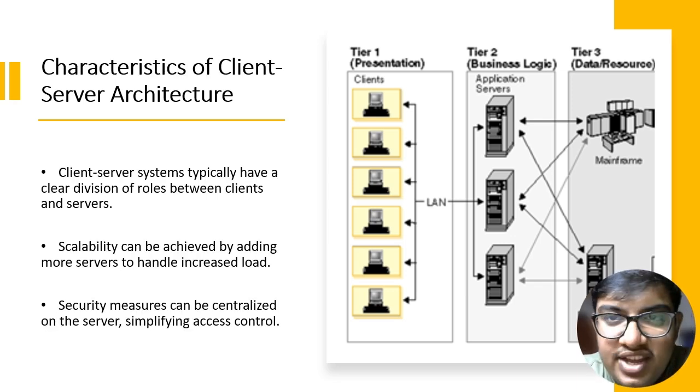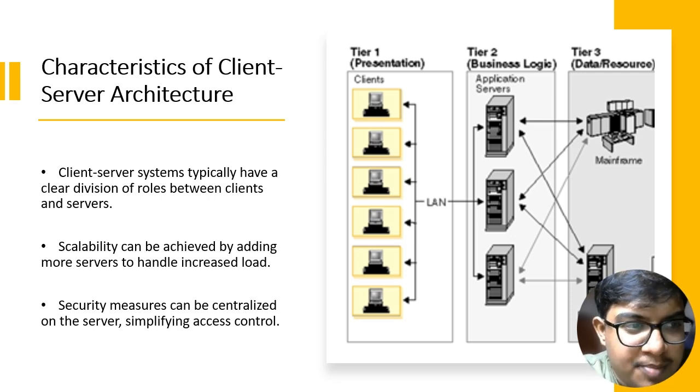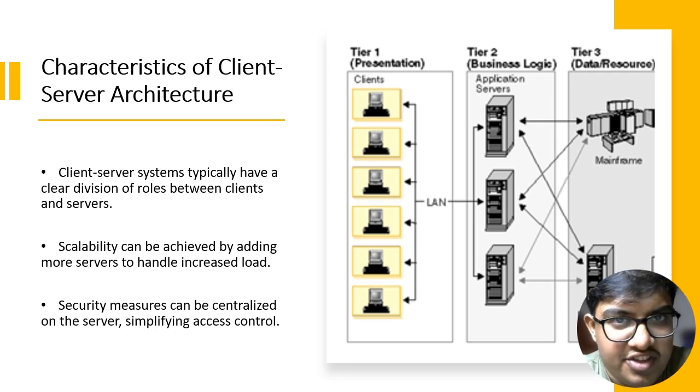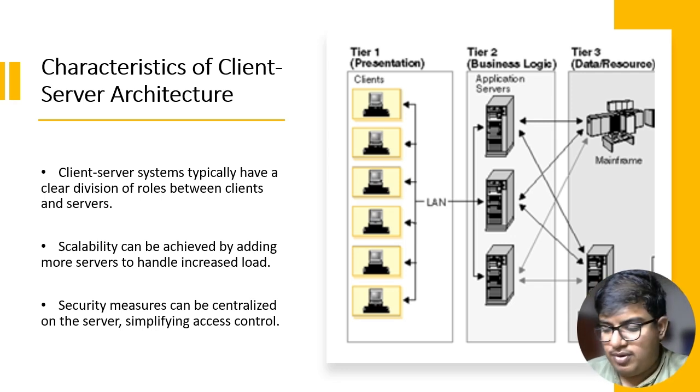Now some of the characteristics of client-server architecture. Client-server systems typically have a clear division of roles between the clients and servers. As I said, the clients are the ones who request service from the cloud, while the servers are the ones who respond to the clients.